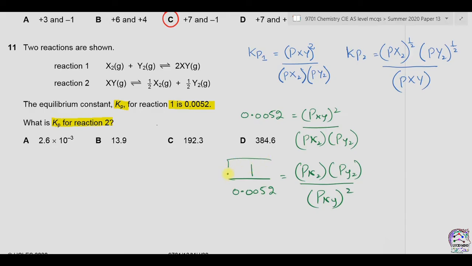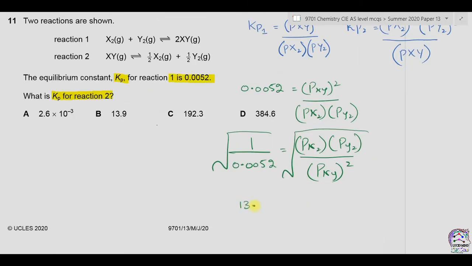Now taking the square root on both sides we have the value comes to be 13.86, and on this side we can write pressure of x2 raised to the power 1 by 2 into pressure of y2 raised to the power 1 by 2 over pressure of xy raised to 2 into 1 by 2.